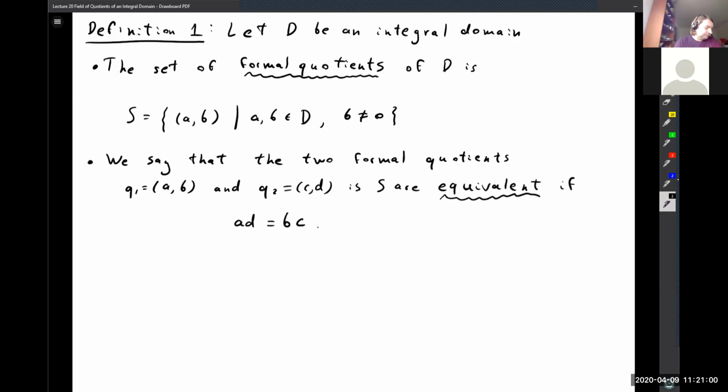Okay, so now the first lemma we're going to prove is that this equivalence introduced in definition 1 is actually an equivalence relation.